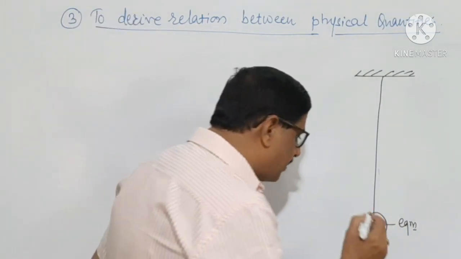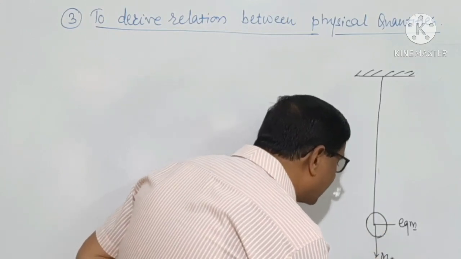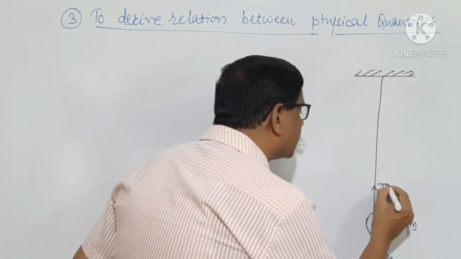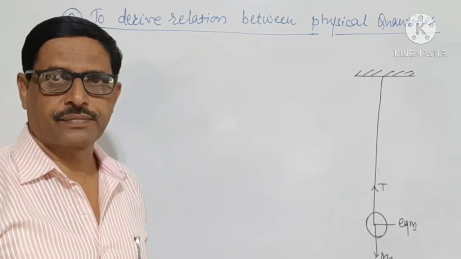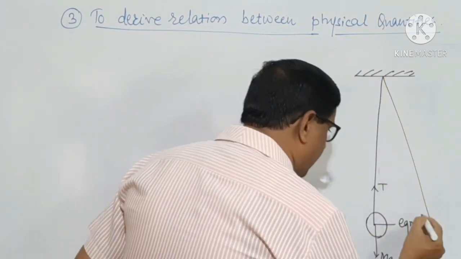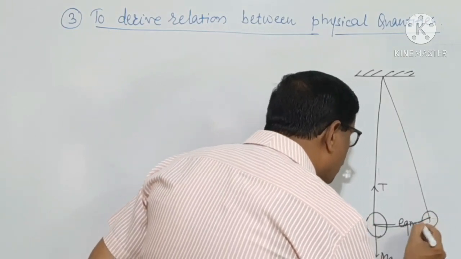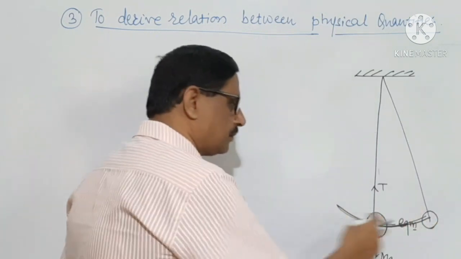At equilibrium, the various forces acting on the pendulum are, one is the weight of the pendulum and the other is the tension that has been developed in the string. When the pendulum is displaced from its equilibrium position and released, it oscillates on either side of the equilibrium position.